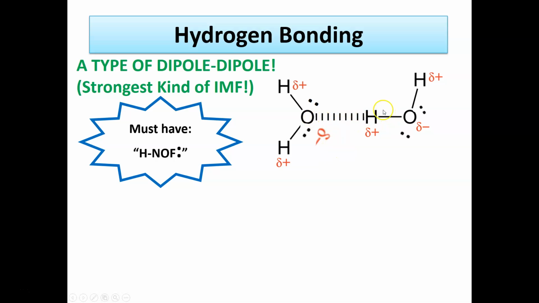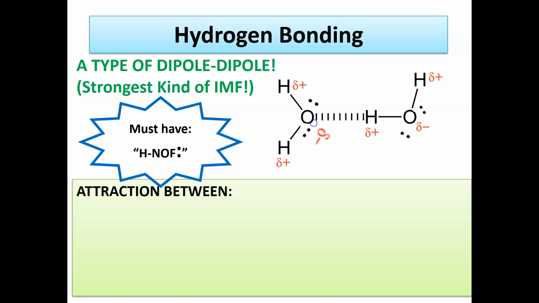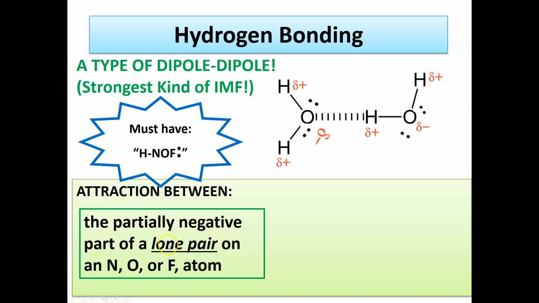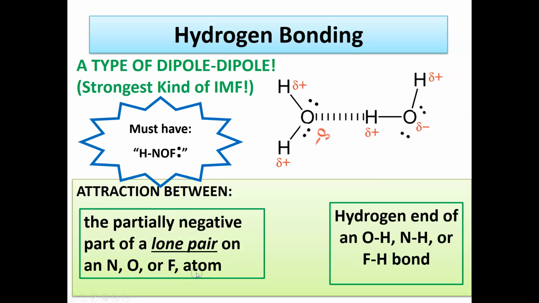This is just a dipole-dipole, positive and negative being attracted, but the extra strength makes it the hydrogen bond. So to summarize, you're going to have an attraction between the partial negative on the lone pair on one of these atoms, and it's attracted to the hydrogen end, because that's the positive side, of one of these combos. And once again, that electrostatic attraction is what draws those molecules towards each other.